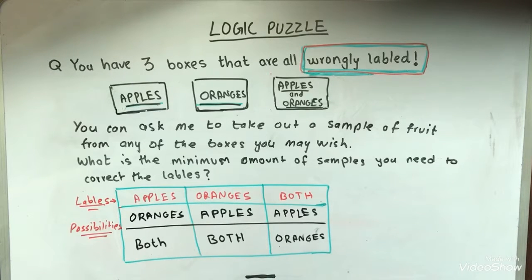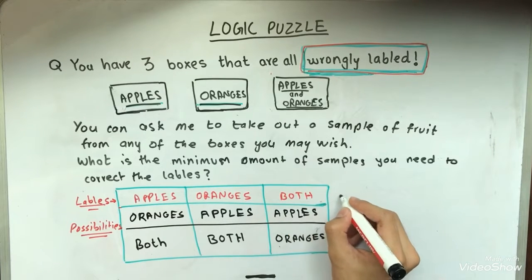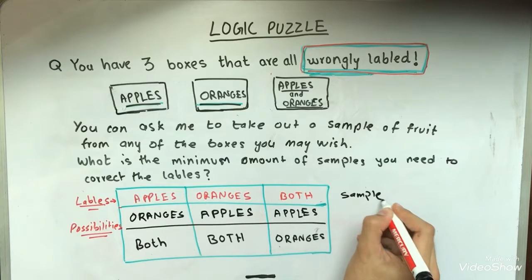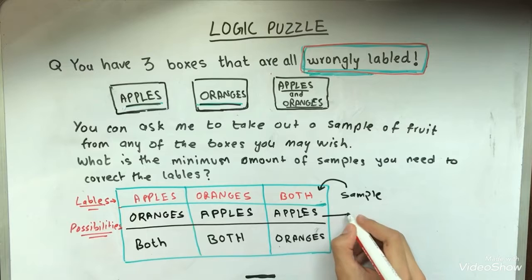If you observe the table, the box that has the label both, if you take a sample from this box, you'll be able to figure out the correct labels for all the boxes. It works this way. For example, you ask me to take out a sample from this box, and it comes out to be an apple.